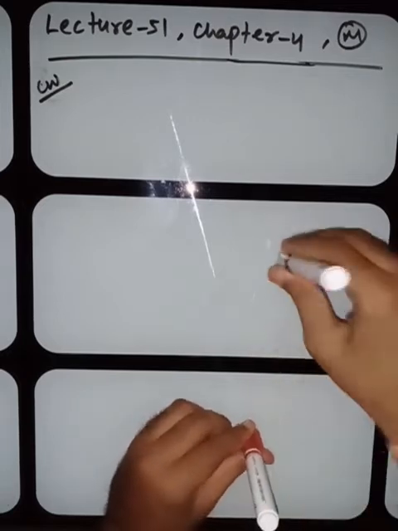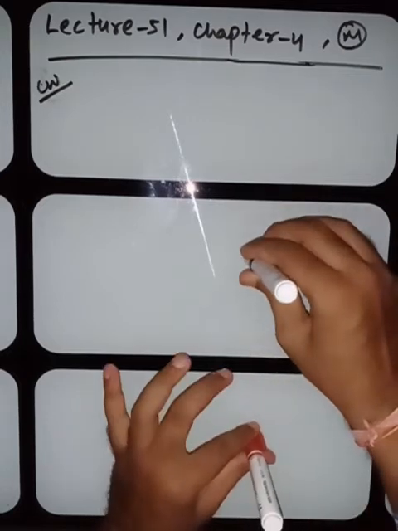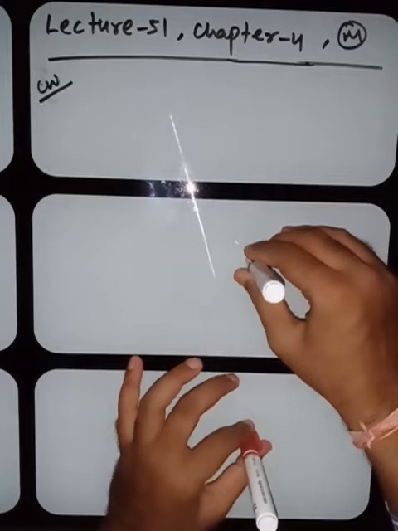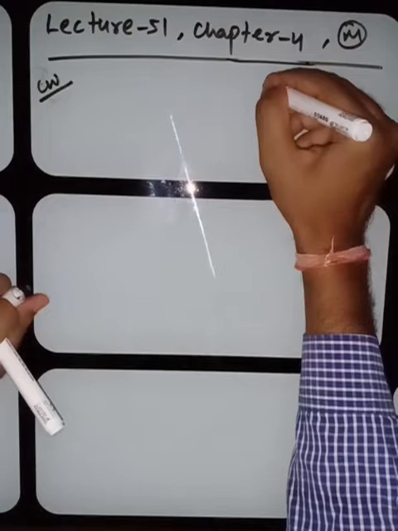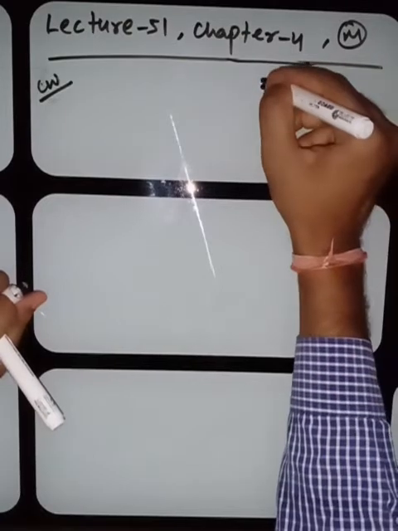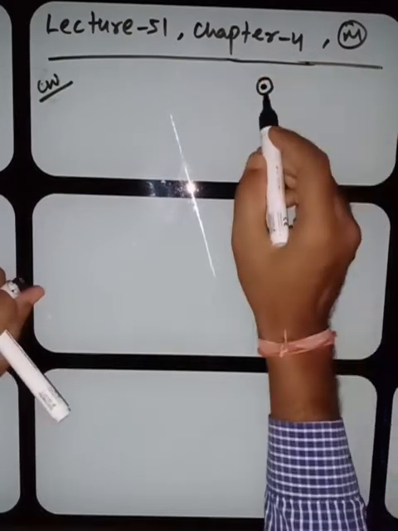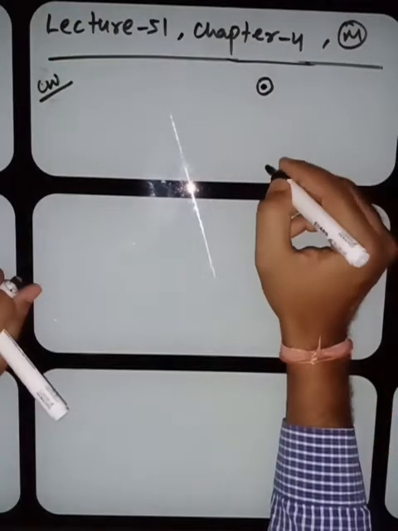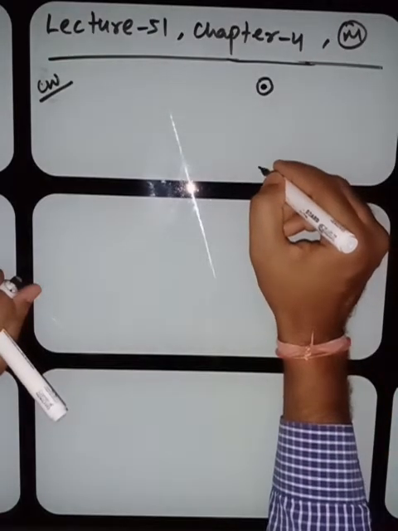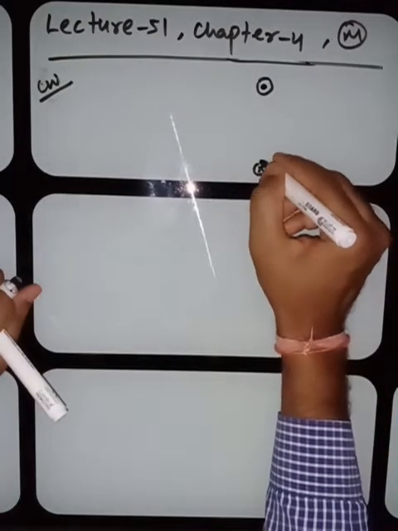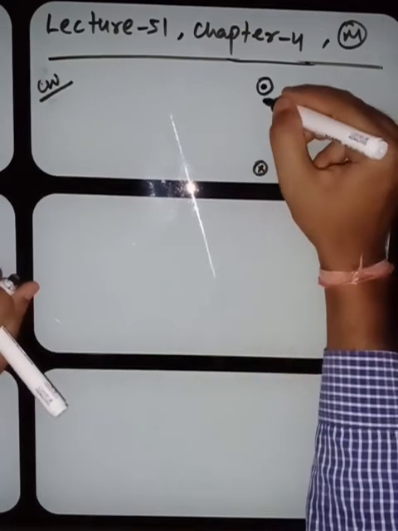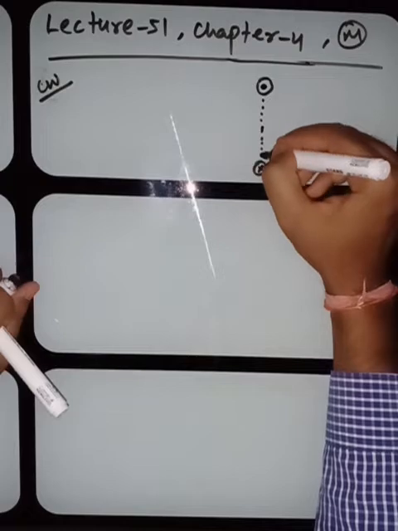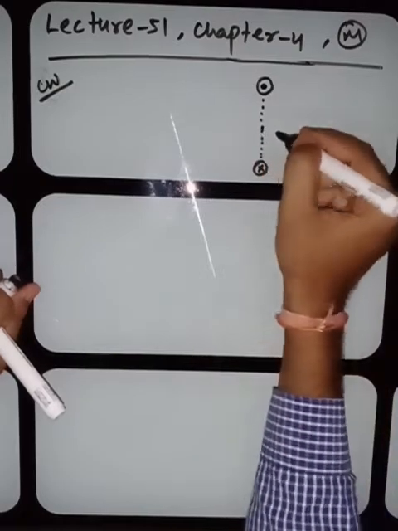Alright. So how will I draw it on the board? I am going to draw it this way. The dot I have given for the conductor in which the current is moving upward, and the cross I have used for the conductor in which the current is moving downward, and the separation between these two conductors is 2a.